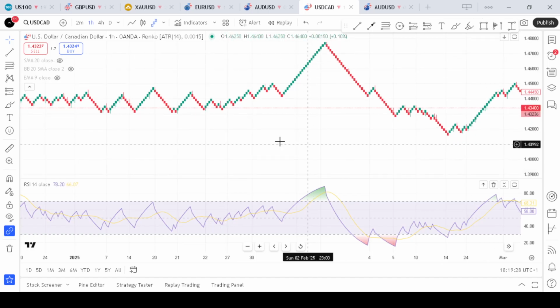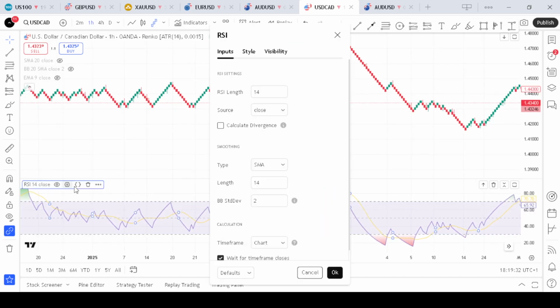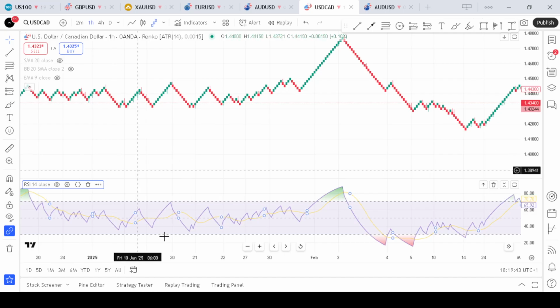By adding your RSI to your chart, you use the default setting of 14 period. This is the RSI length of 14. This is what you use for your RSI. Then you use the 50 level.